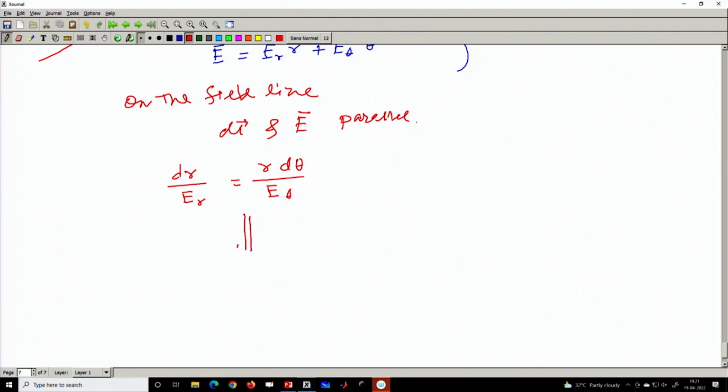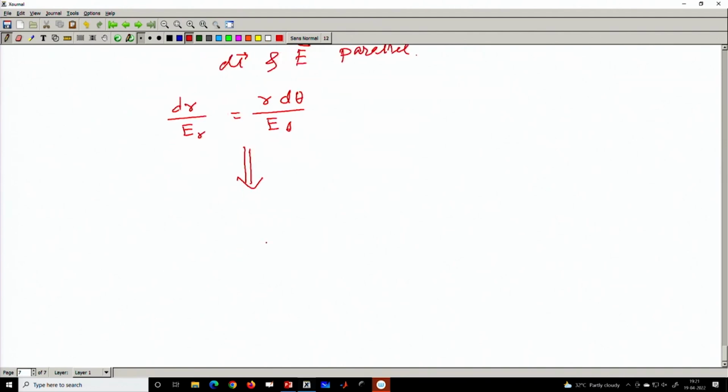That gives the relation: dr divided by r is equal to Er divided by E theta times d theta.